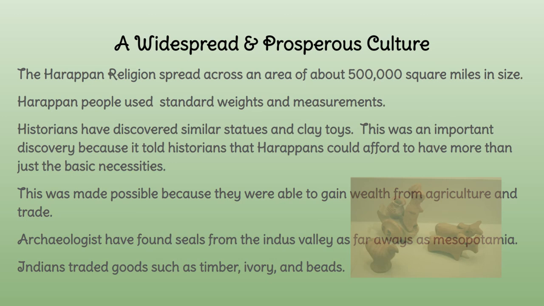And this was most likely possible because they were able to gain their wealth from agriculture and trade. They were very skilled at trading with other civilizations, and archaeologists have even found seals from the Indus Valley as far away as Mesopotamia.